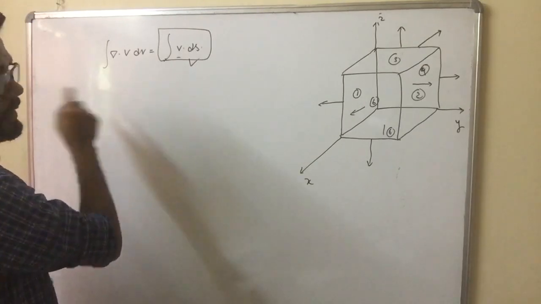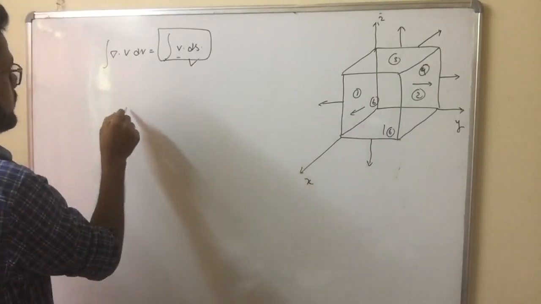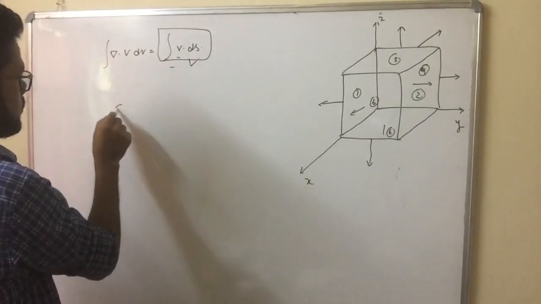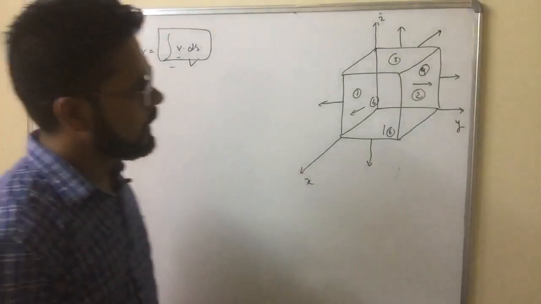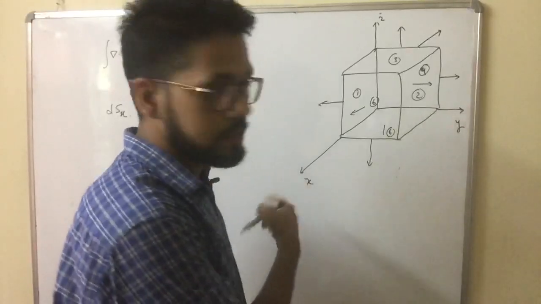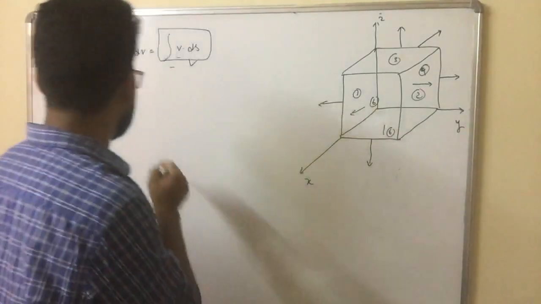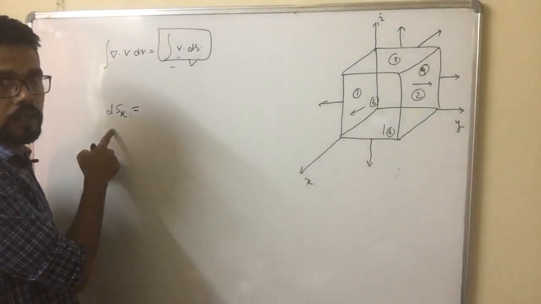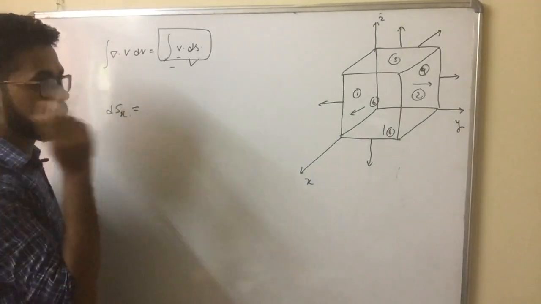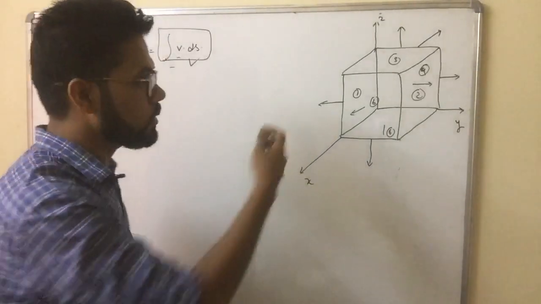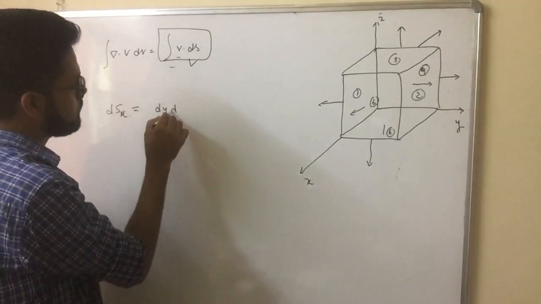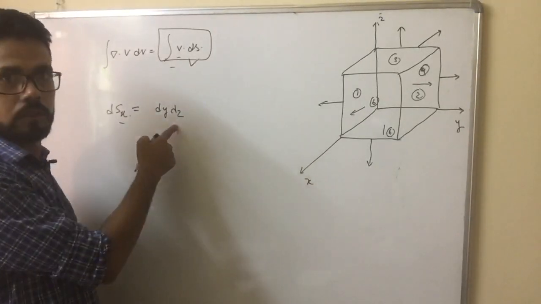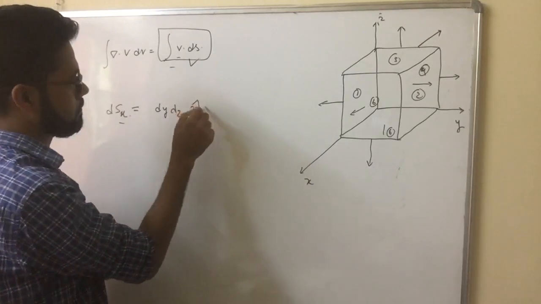V is already given, V is a long equation. So for the surface area, the first term I want to calculate is along ds x. ds x means the surface along the x direction. Whenever I consider the surface area along the x direction, what will be the component? It's very easy, no need to see the diagram. Since x is considered, the remaining dy dz must be there, so it will be x cap.